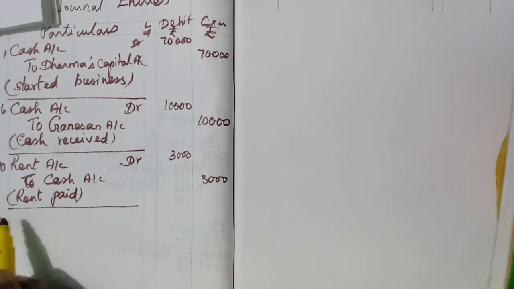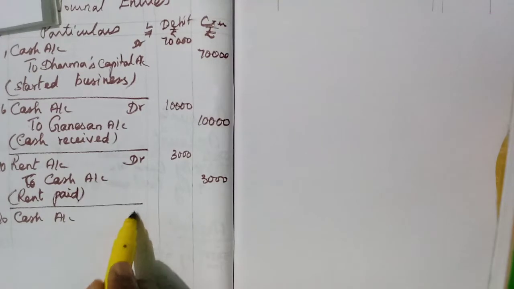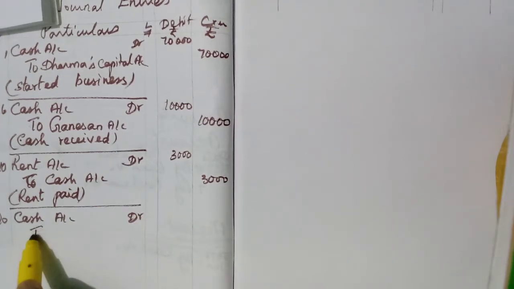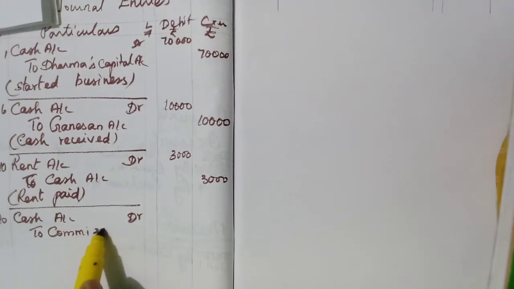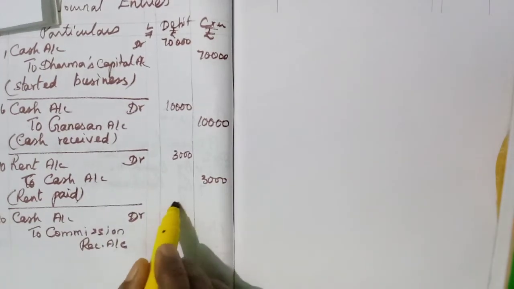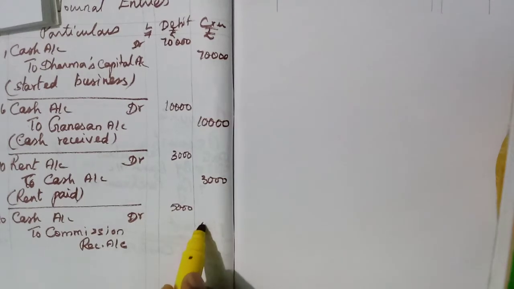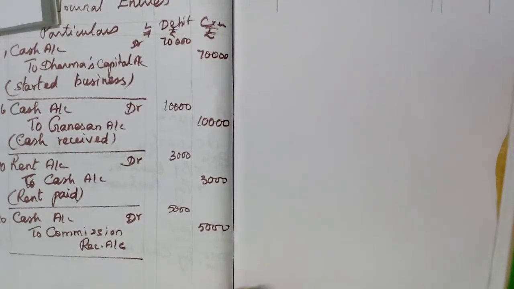Cash is coming inside. So what should be debited? Cash. Cash account debtor to commission received. Simply commission if you write also no problem. Commission received account. Okay, 5,000. Draw a line. That's all.